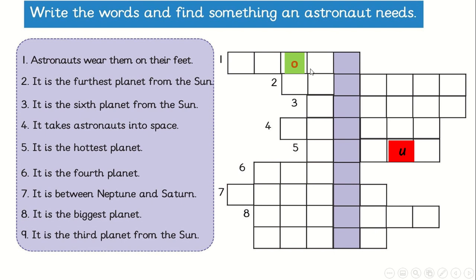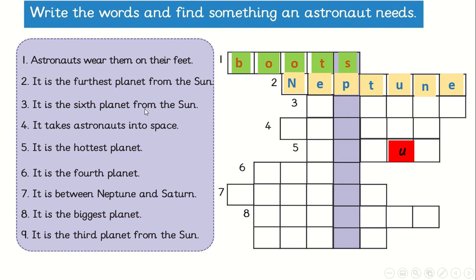And it has the sound oh, they wear it on their feet. Teacher, it will be boots. Well done. Number 2, it is the farthest planet from the sun. Yes, Neptune. Well done. Excellent.